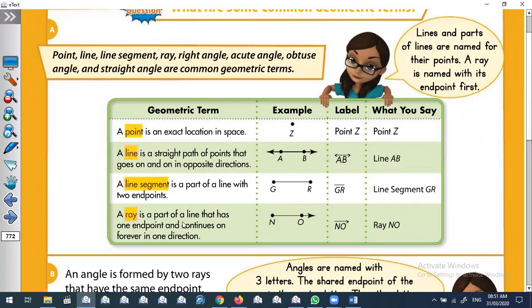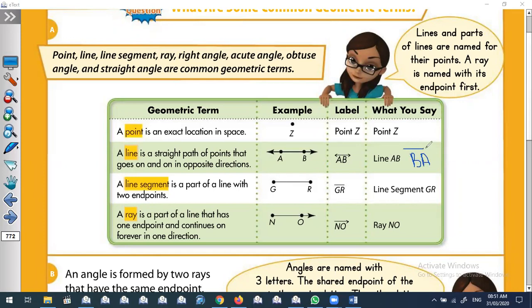A ray is a part of a line that has one endpoint and continues on forever in one direction. This ray is NO. You have to start with the starting point. So this ray is called NO. This is called line AB, and I can call it line BA.